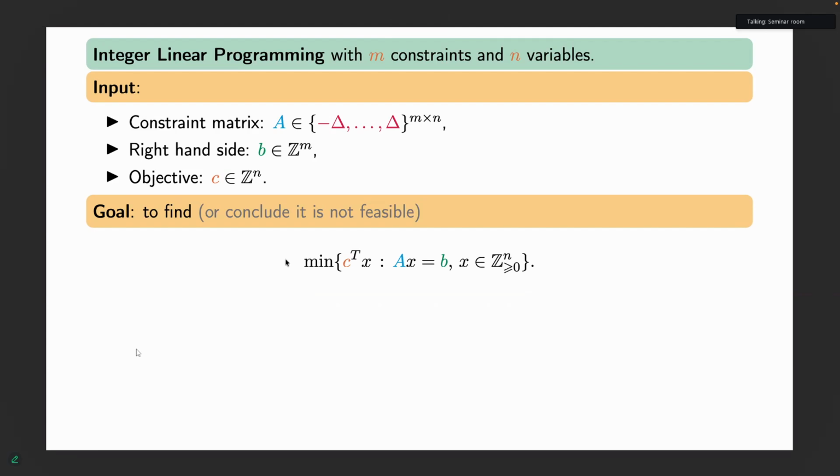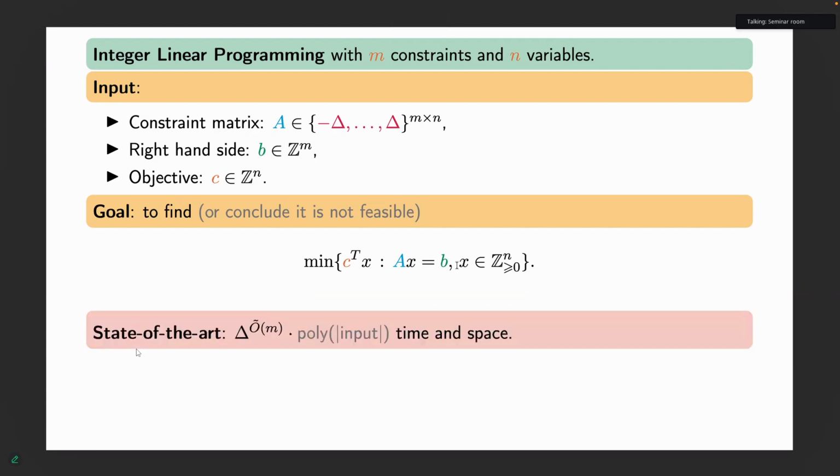It's important that this objective value is a linear constraint, and this is also a linear constraint. So does everyone understand the definition? I will refer to this as unbounded ILP because values of x may be arbitrarily high.